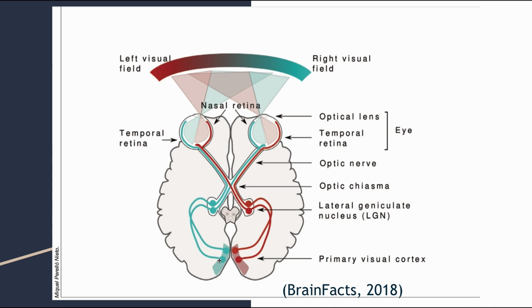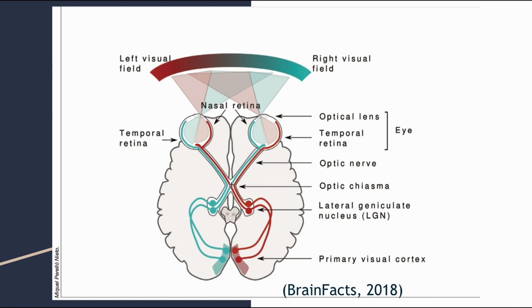Diving in technically, on their way to the brain, signals travel along nerve fibers from both eyes, which converge at a part called the optic chiasm, this X-shaped part, which contributes to transporting the left information to the right brain and right side information to the left brain. Then the information proceeds to either side of the brain based on their first perception point, and then the visual information is relayed to the lateral geniculate nucleus, LGN, labeled here.